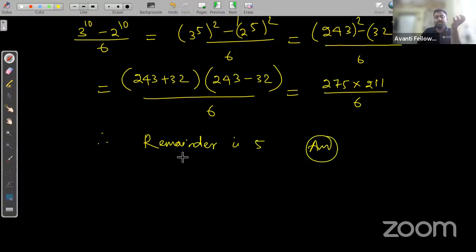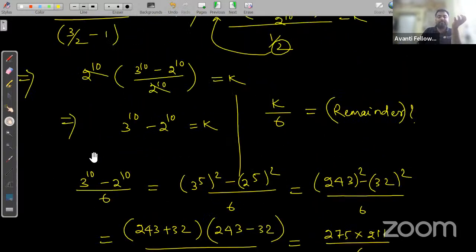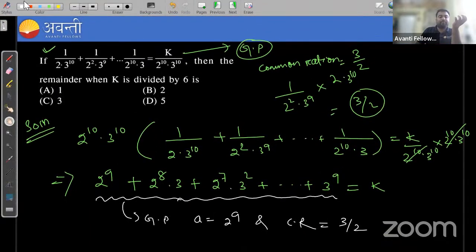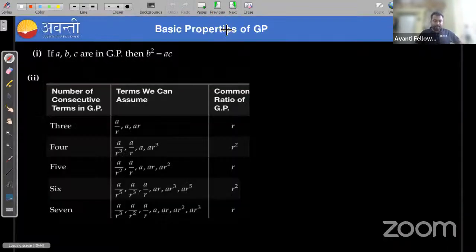So that is the answer, and the correct option is option D, right? So I hope this is clear to everyone, guys. Let's move to the next thing.